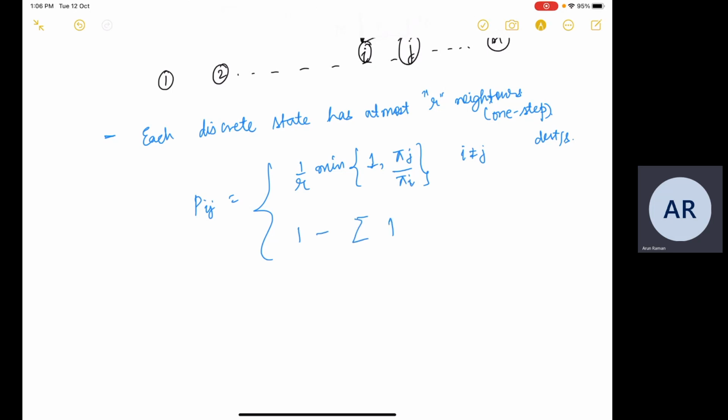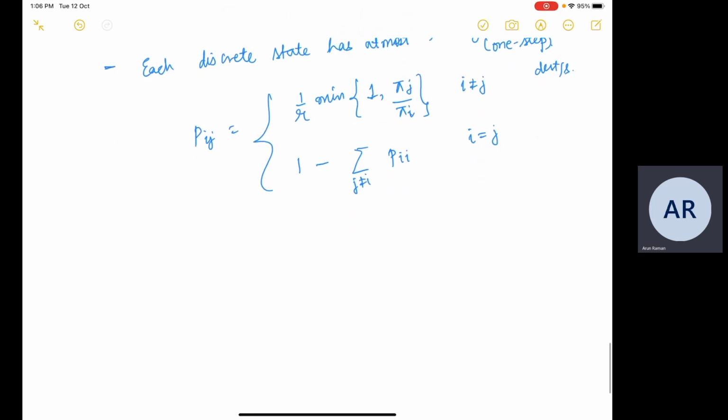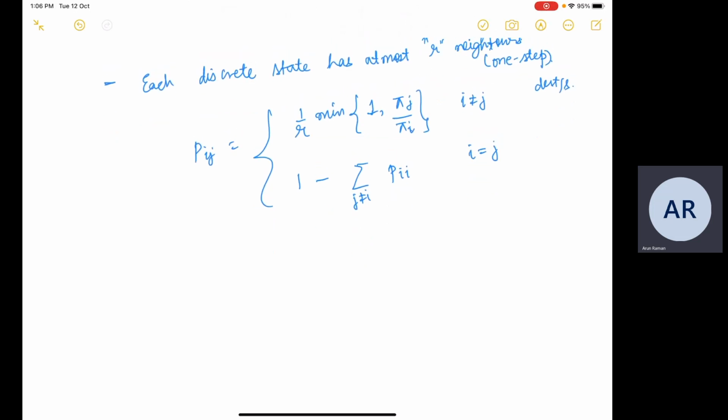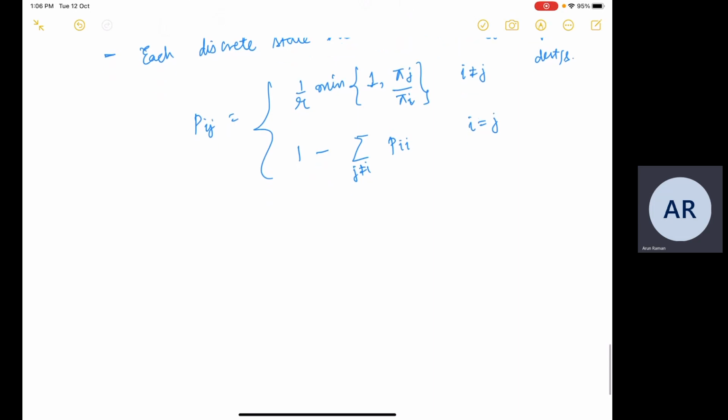And here we will have j not equal to i. So whatever is left, we give it onto the self loop. Okay. So first observation which we have is that if this is the ith row of the transition probability matrix, then somewhere we will have Pii.